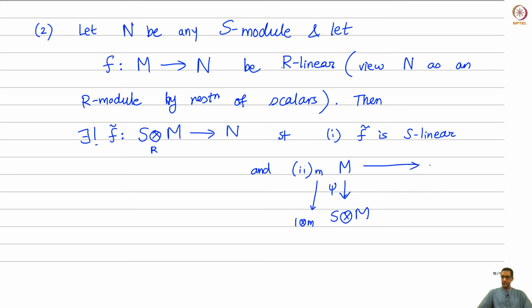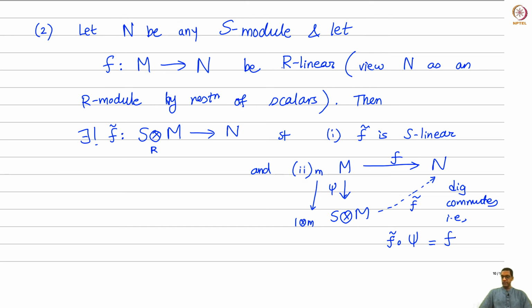Then we have the given map F to N, and we claim that there is a unique map F tilde like this, such that this diagram commutes. Recall, diagram commutes just means that F tilde composed with psi is the map F.